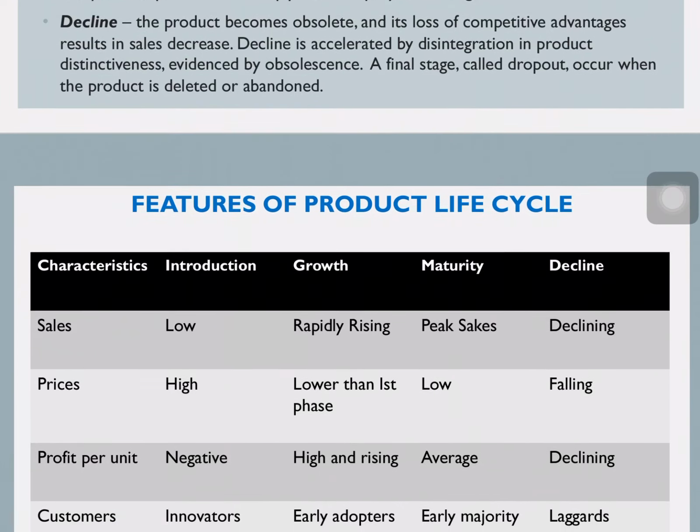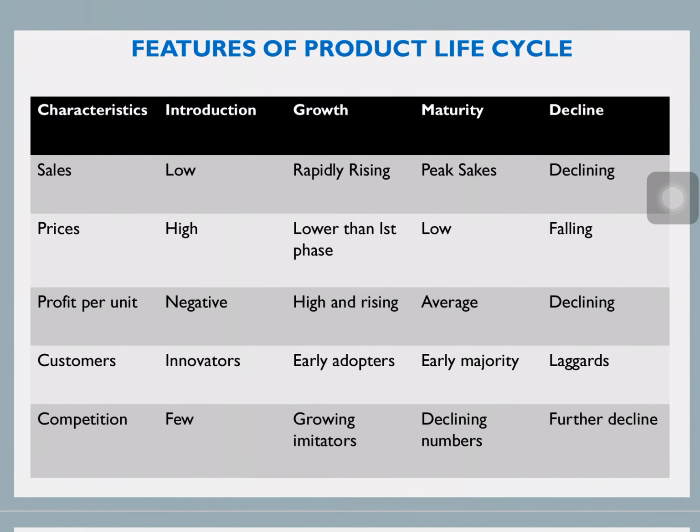And at the same time, the various features of the product life cycle, like what are the features at the introduction stage, maturity stage, growth stage, and the decline stage. That why the price is high at the introduction stage and why we follow the harvesting strategy at the decline stage. We have explained it with the example.